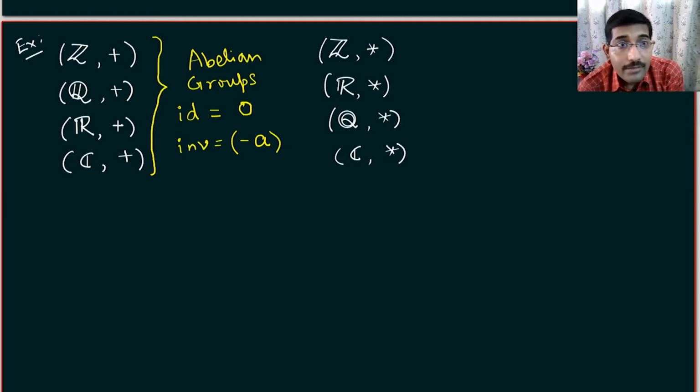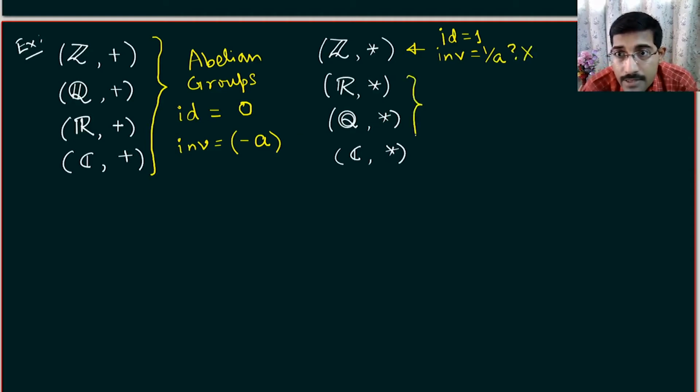Why? First of all, if this has to be a group, then I have to make my identity equal to 1. So the inverse should be 1 by A. But this does not always exist.